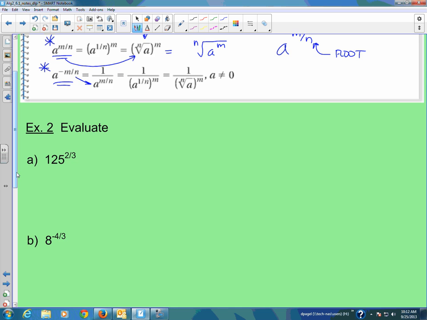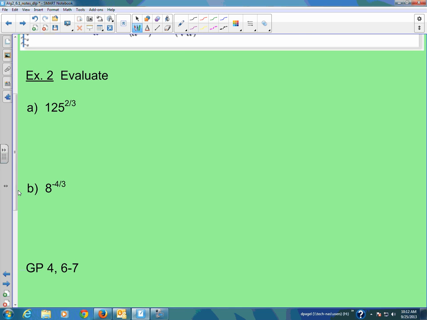So, for example, 125 to the 2/3 power. I have two choices here. I could either take the cube root of 125 and then square it, or I could do 125 squared and then take the cube root of that number. One of those is much easier for me to do without a calculator, and it would be the first.